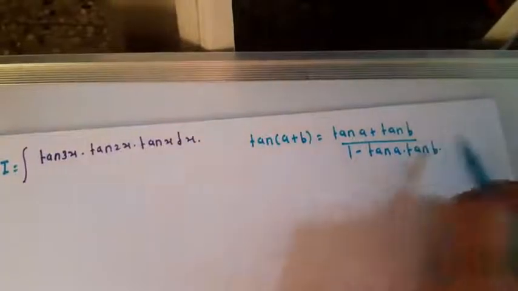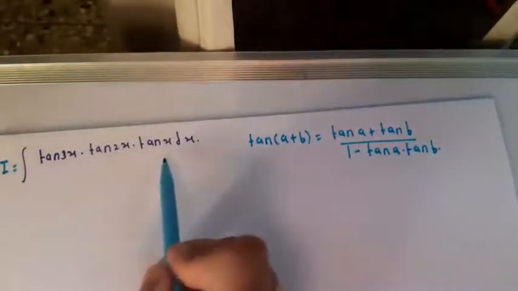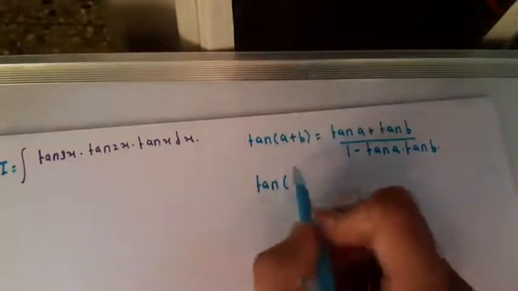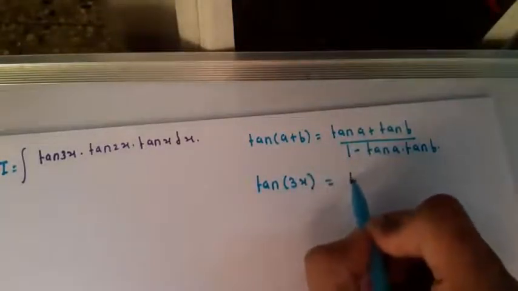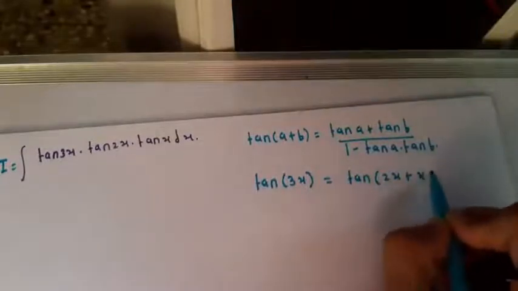Here we can express 3x in terms of 2x and x, and therefore tan of 3x is equal to tan of 2x plus x.